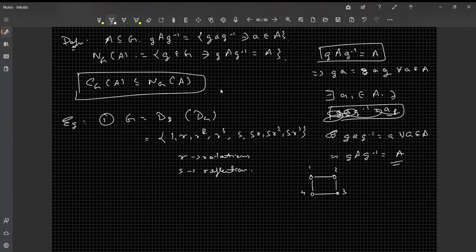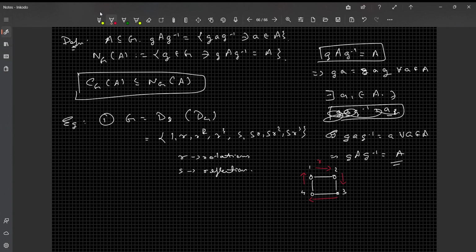Rotations mean basically you are sending 1 to 2. One single rotation I am talking about, that is R. So R is that rotation which sends 1 to 2, 2 to 3, 3 to 4, and 4 to 1.